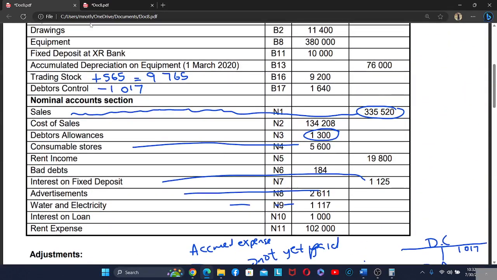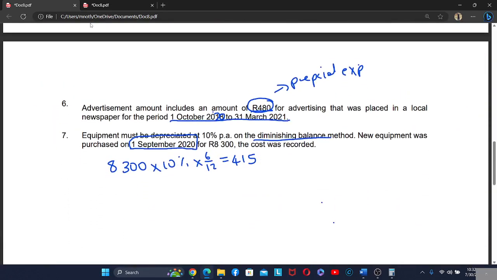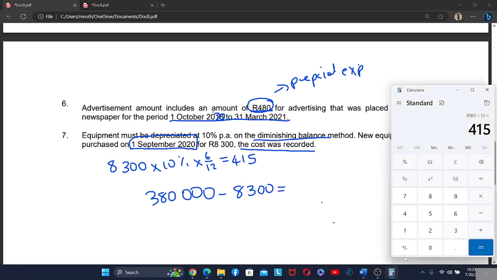Now, the equipment here, it is shown as 380,000. Now, we want to calculate the depreciation for the old equipment. But then, we were told that this new equipment was recorded, meaning that it's already included in this 380,000. Now, because we want to know how much the equipment was at the beginning of the year, we must subtract the new equipment, which is already included in this 380,000 because they are saying that it was recorded.